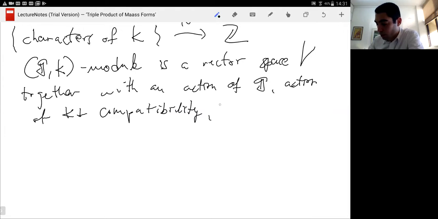And we want this structure to be admissible, in a sense comparable to the one we had before.